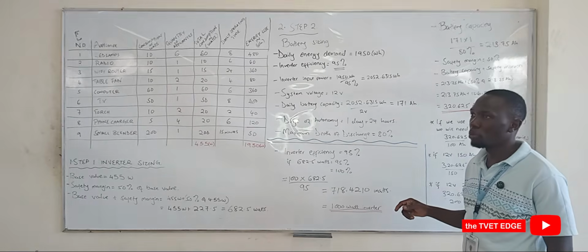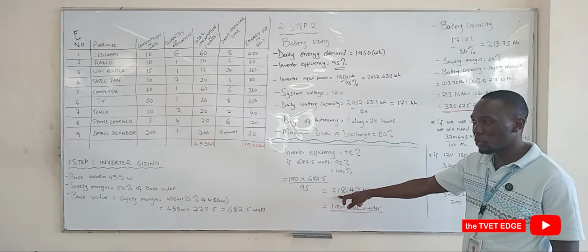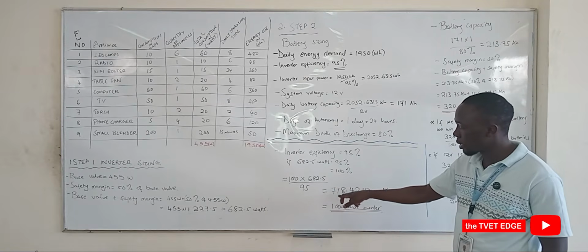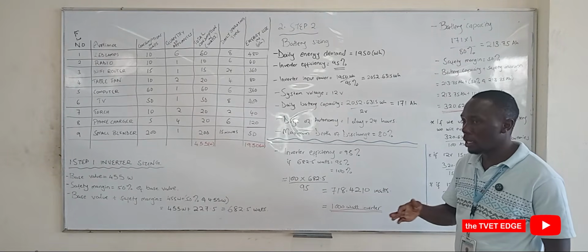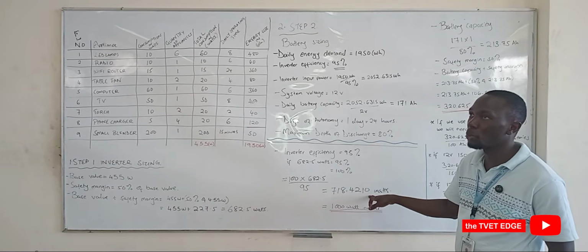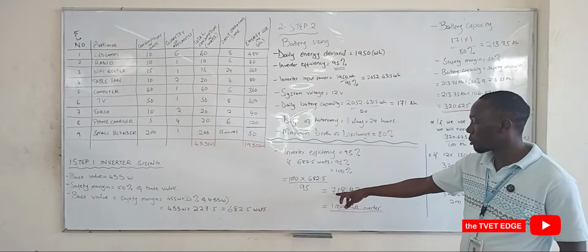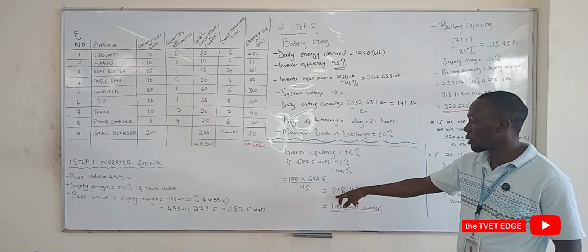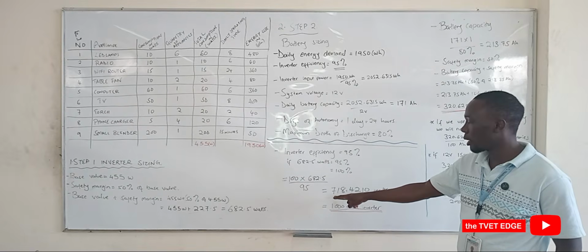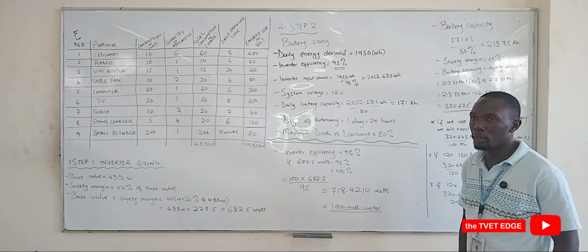Now, in the Kenyan market, with the most common inverter components, you'll never get an accurate value based on calculation. You might get 1,000 watts here, which is a very lucky situation, but in most cases, the figure you'll get here won't be equivalent to the market available components. So for example, if I go to Alltop's Electronics and ask them to give me a 718.42 watts inverter, they don't have that.